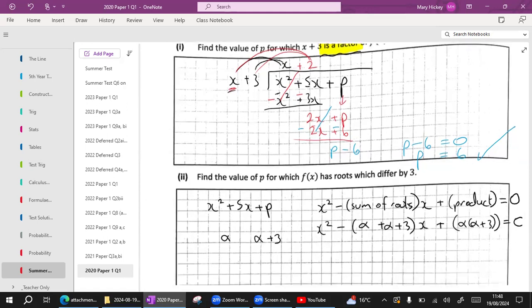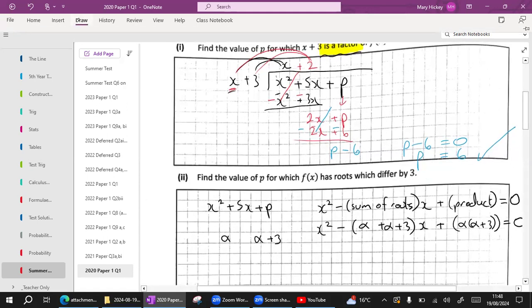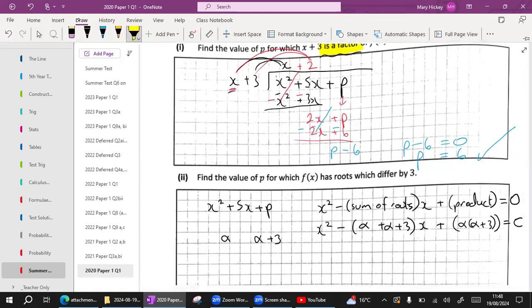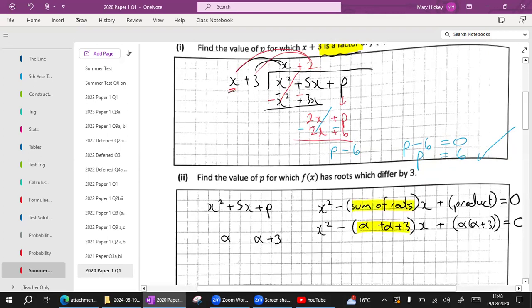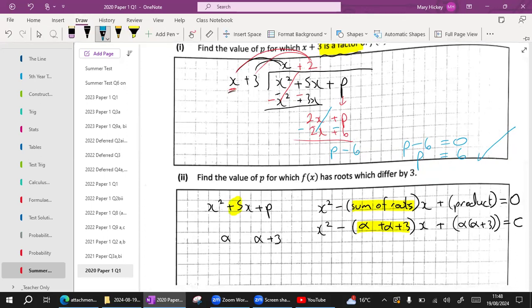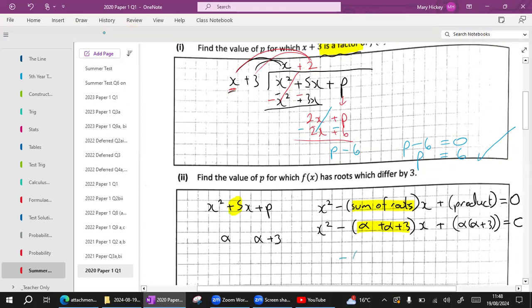Now, this bracket here is supposed to be the sum of the roots. According to the equation, 5 has to be the sum of the roots. So be careful here with the sign: minus 2 alpha plus 3 is supposed to be 5.